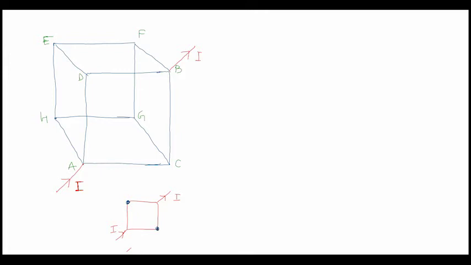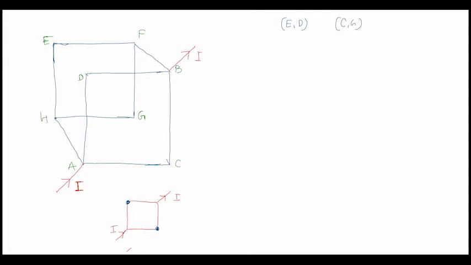Over here I can say that E and D are equipotential and C and G are equipotential, and we can remove the edges ED and GC because no current will flow through this network. So the circuit is looking like this, and this is D, G and C respectively.